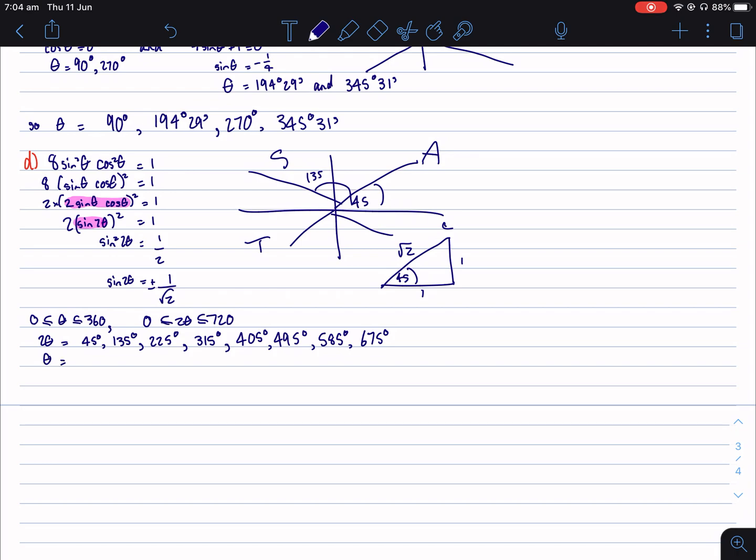So we've got 45 divided by 2. I did that on my calculator because it's degrees and minutes.